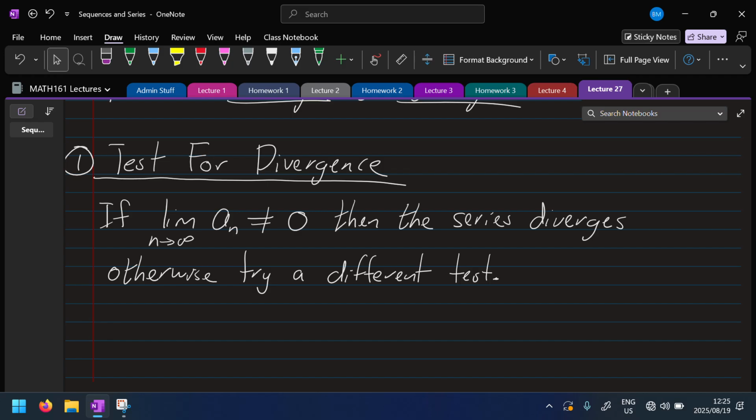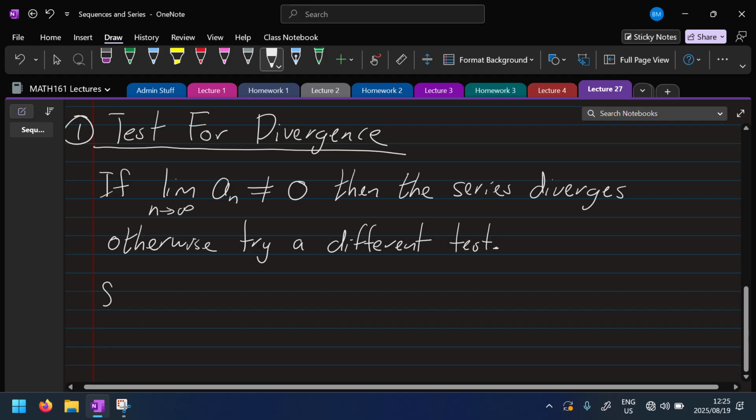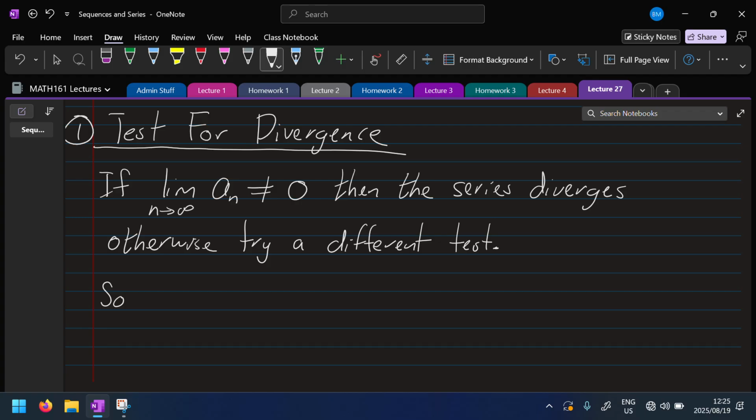If the limit is zero, we need to try something else. It doesn't tell us anything. The limit can be any positive number, negative number, 1, -2, anything. But if it's 0, then the test tells us nothing. We need to do something else.